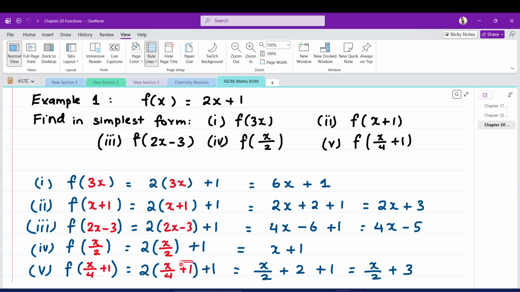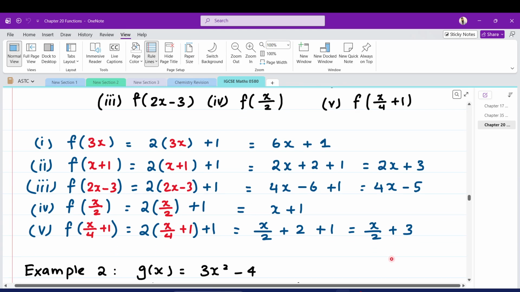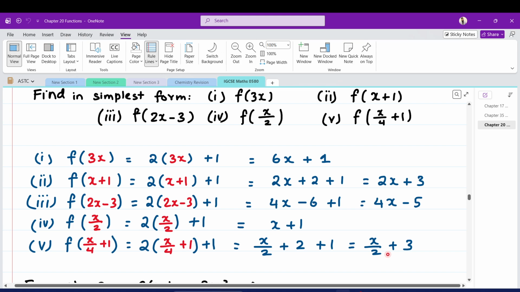Once they write this plus 1, they forget to write the plus 1 of the original function, the remaining part of the function. So this you should not forget. Therefore the final answer is going to be x over 2 plus 3.